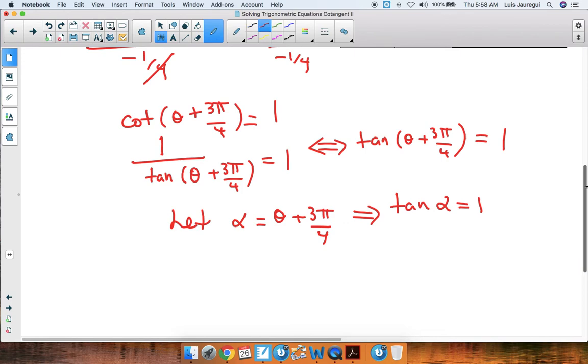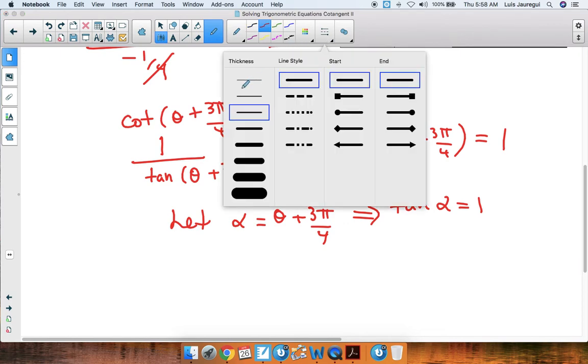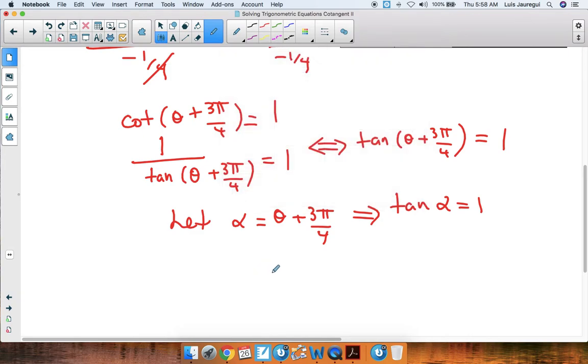Now, extremely important to us is to use that particular value so we can solve for theta. So using alpha equal to pi over 4, now let's solve for theta. Instead of alpha, we can write theta plus 3 pi over 4 is equal to the right hand side, which is pi over 4.